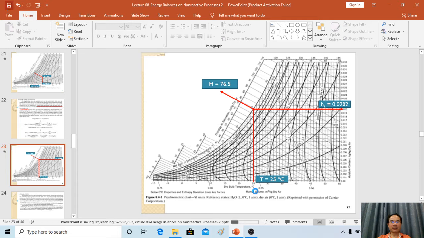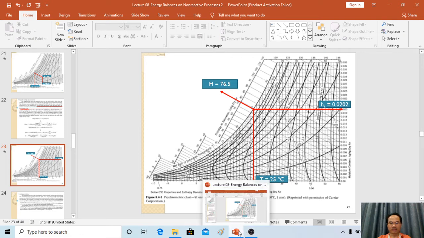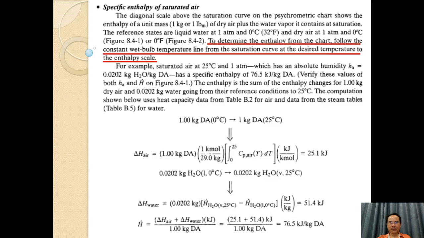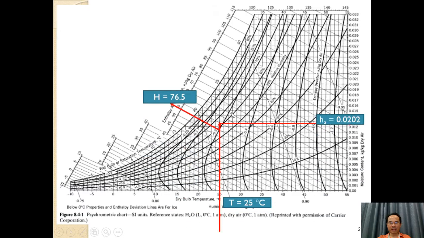25 degrees Celsius, and then you know the absolute humidity for saturation at 25 degrees Celsius, and then you can calculate the specific enthalpy. For this case, we know the absolute humidity is 0.0202. Okay, we have two conditions.